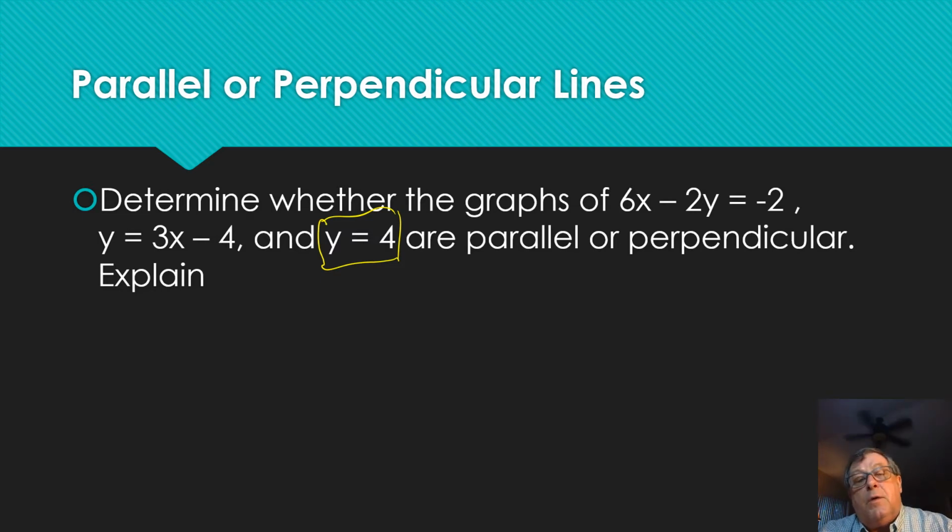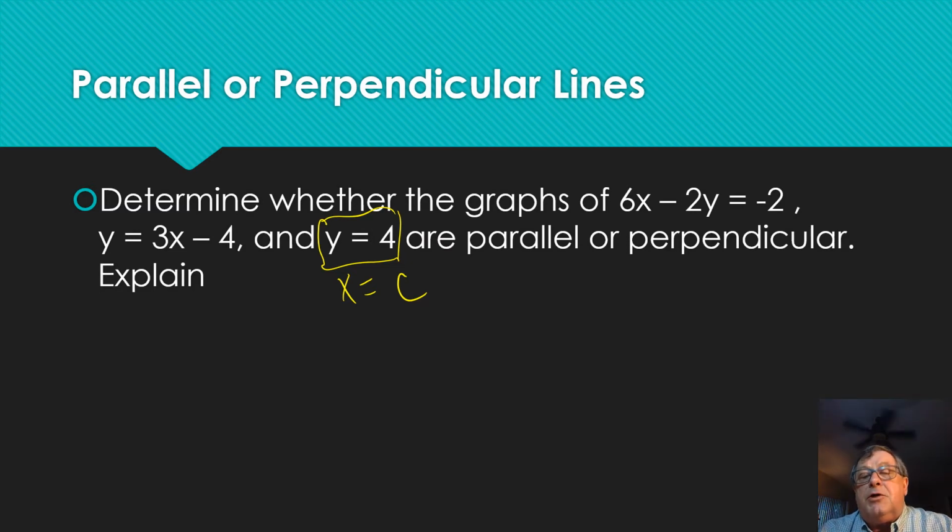And the only thing that's going to be perpendicular to that would be x is equal to some number. Let's just call it c, where we'd have an undefined slope. And so y minus 4 is not going to be either perpendicular or parallel.